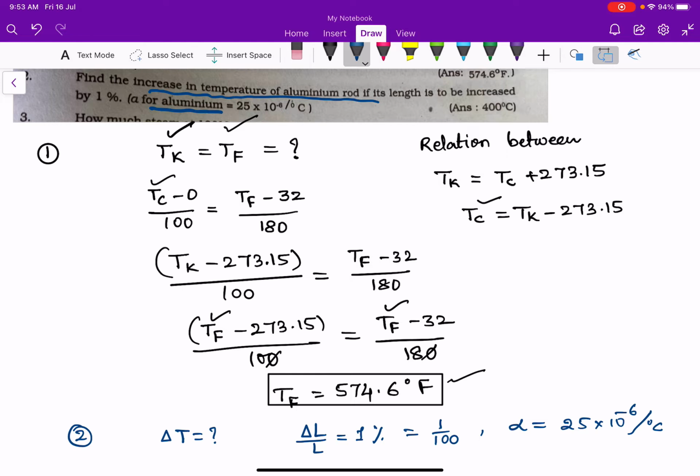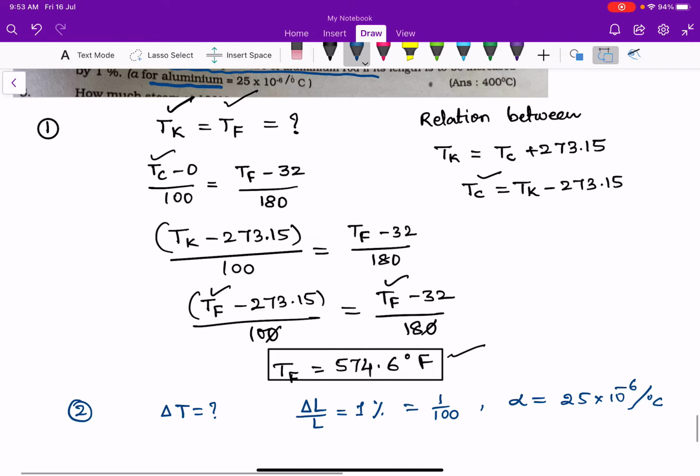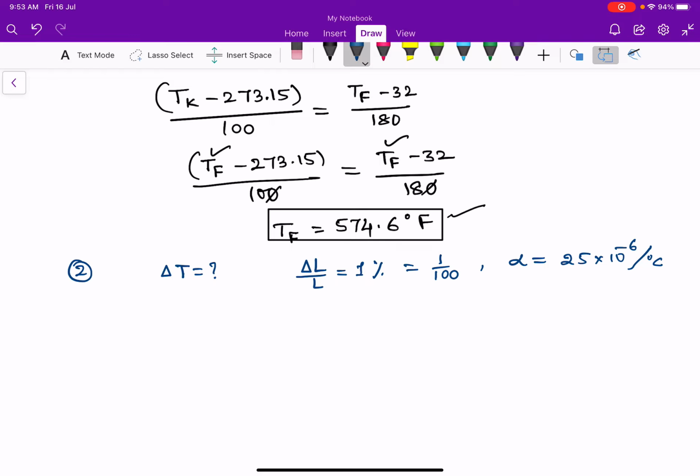What is to be solved? We need to find the change in temperature, delta T. We know the coefficient of linear expansion equals delta L by L into delta T. So I am just rearranging the terms here: delta T is equal to delta L by L into 1 by alpha.